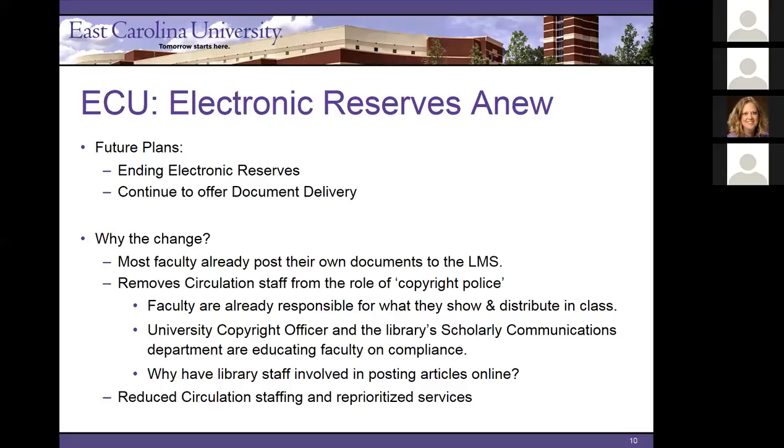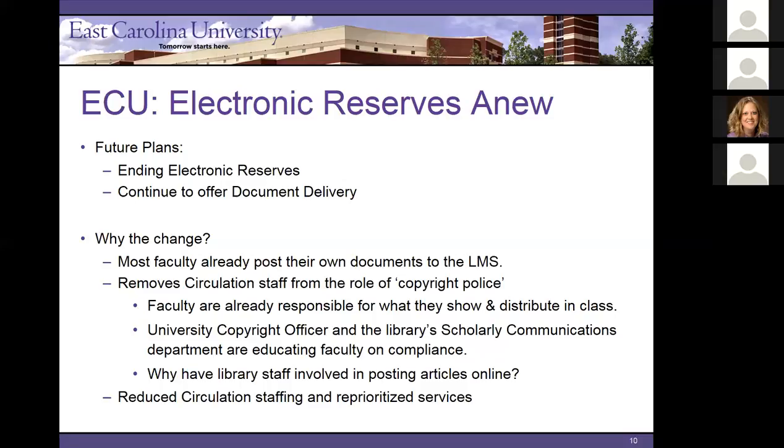We will still do our document delivery service, where we will scan from the print and microfilm and send to them. And then what they do with the file at that point is up to them, and what they believe is within their fair use rights, or what they've obtained permission for, or what they've paid to be able to do with it.